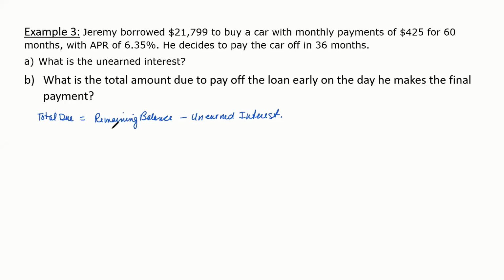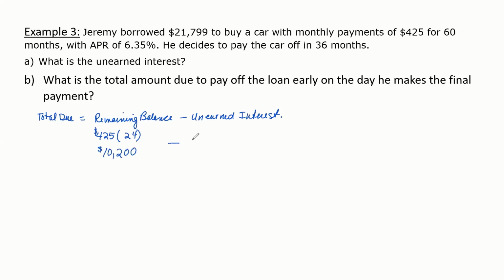Well, the remaining balance would be $425 times the remaining number of payments of 24. He would pay $425 a month times 24 payments if he was going to continue the loan, and that would be $10,200.